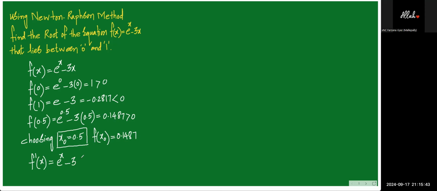This value also we have to calculate at x0, that is 0.5. Then can you tell me what e to the power of 0.5 minus 3 is?